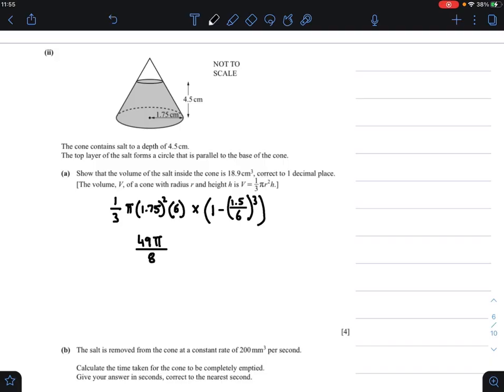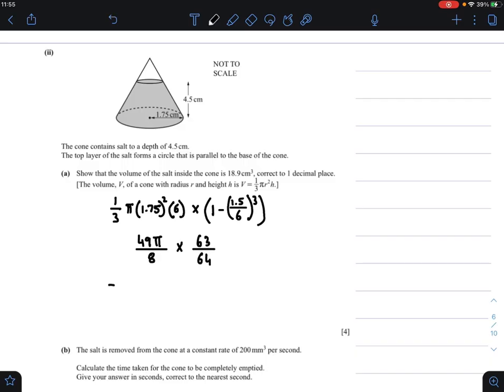So 1 by 3 pi multiplied by 1.75 square multiplied by 6. Yeah, 49 pi by 8, and 1.5 divided by 6 cube. 1 minus that will give us 63 by 64.